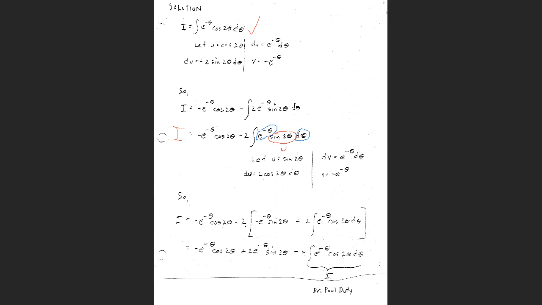So du will equal 2 cosine 2 theta d theta, and v will equal negative e to the negative theta. So I'm applying integration by parts twice here, and when I do that, I wind up with this expression down here.